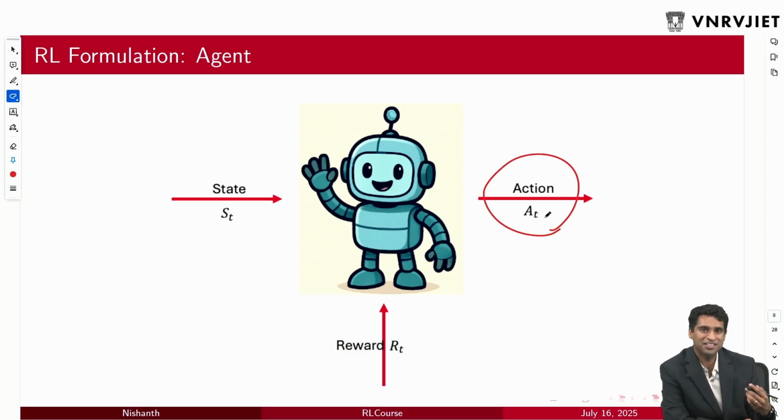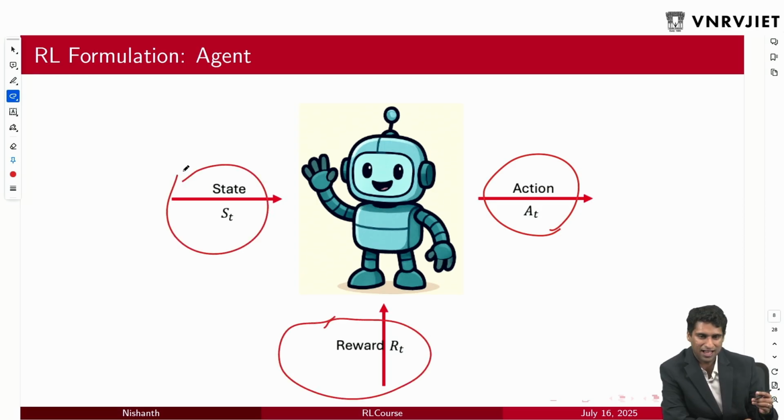Whenever an agent takes an action, it will receive some reward and some state as feedback, right? Or rather, if we flip it, at every time step t, an agent is in a certain state and has received some reward for its previous action, and based on this information, it takes the next action, right? So this is how we can formulate an agent.